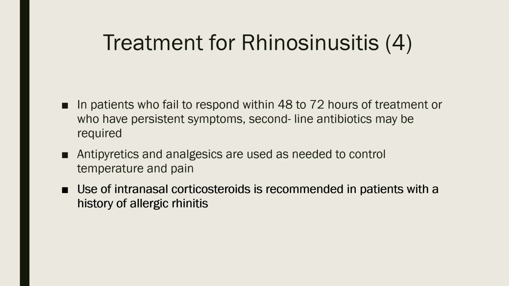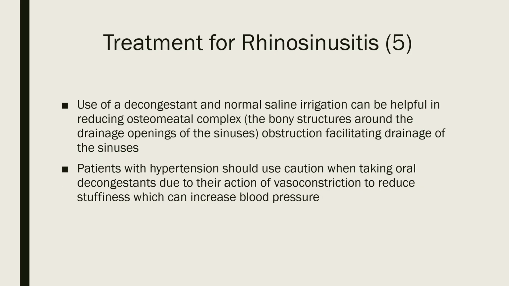Antipyretics and analgesics are used as needed to control temperature and pain. Use of intranasal corticosteroids will be recommended in patients with a history of allergic rhinitis. Use of a decongestant and normal saline irrigation can be helpful in reducing osteomeatal complex obstruction.